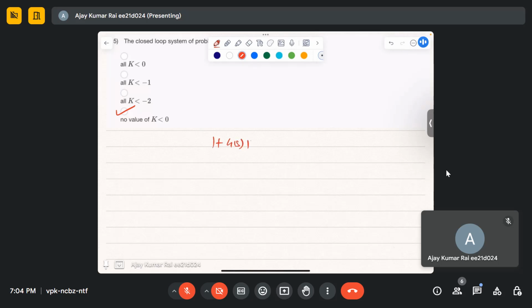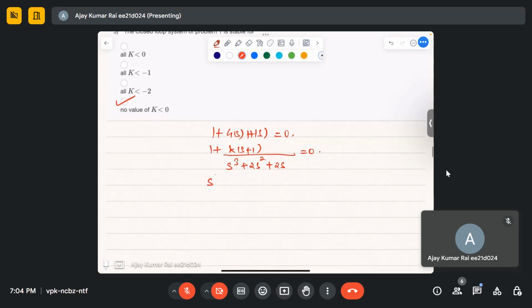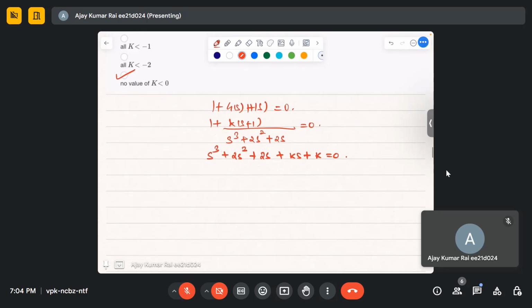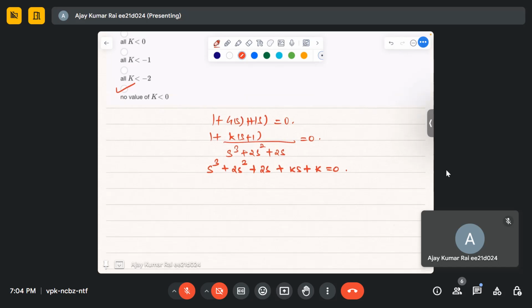This is the characteristic equation: 2s square plus ks plus k.